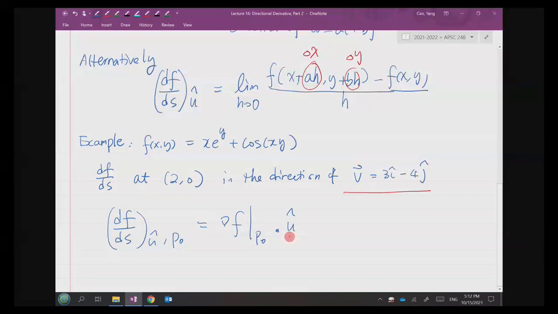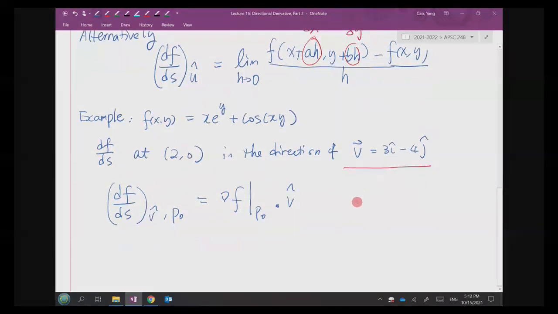The unit vector is used to represent the direction. In this particular question, it didn't give you the unit vector. It does give you the direction, but the direction is hiding behind this vector here. So the first step is to normalize it to give you the unit vector before you apply the formula. Of course, here it's v. I probably should change this to v hat instead of u. So what's v hat?